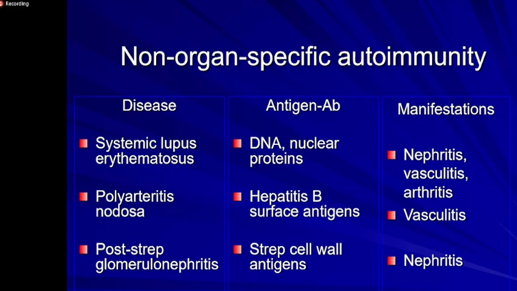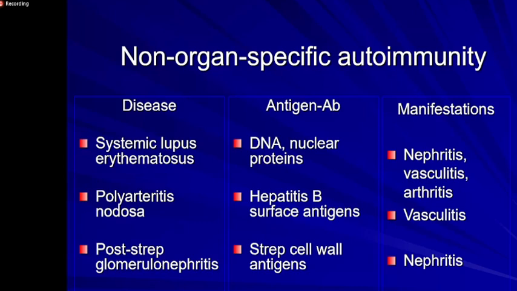And when you look at the antigen and antibody, you'll find that there will be DNA and nuclear proteins. Polyarteritis nodosa is the other one, and post-streptococcal glomerulonephritis becomes one of the most common. These are the most common conditions you are going to find.